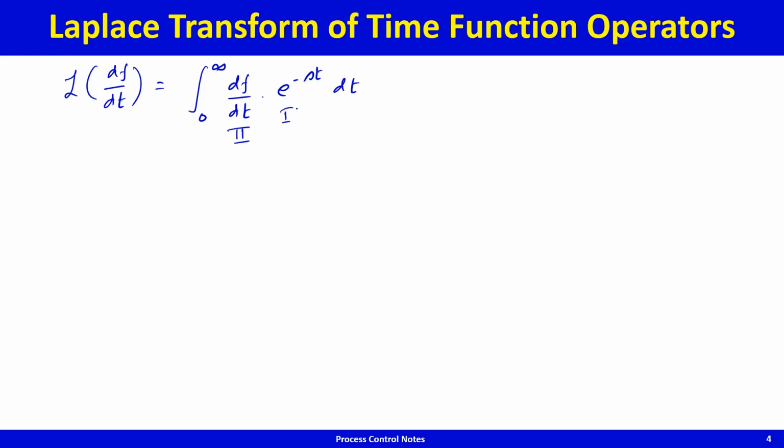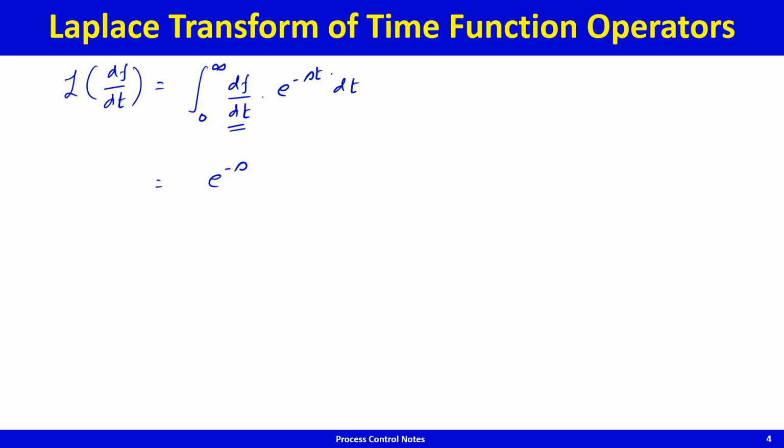So this would be e to the power minus st. I forget the definition of first function and second function, so forget about that. I'm using integration by parts and I'm confused about which one is first and which one is second. But the easy to integrate function is this guy and the difficult to integrate function is that guy.